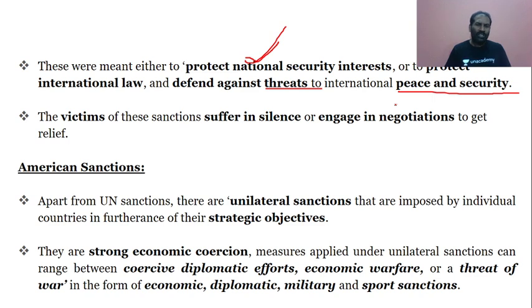It could ask which among the following, A, B, C, or all the above. So it is very important that you understand national security, protecting international law, and making sure there is peace and security internationally. Again, for prelims, analytical point of view, this is very important.